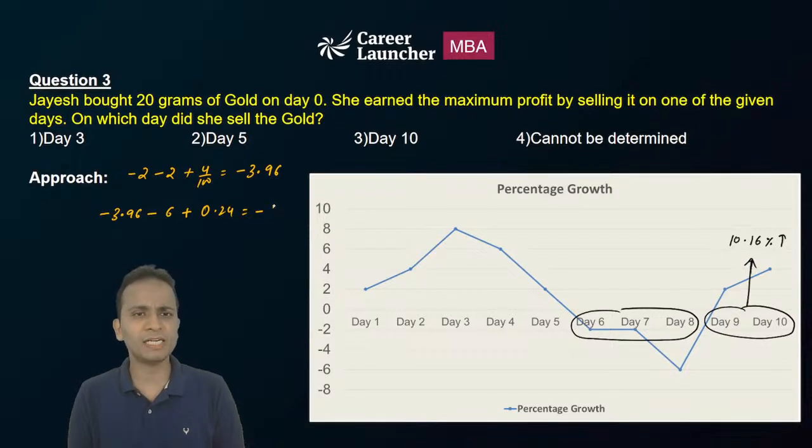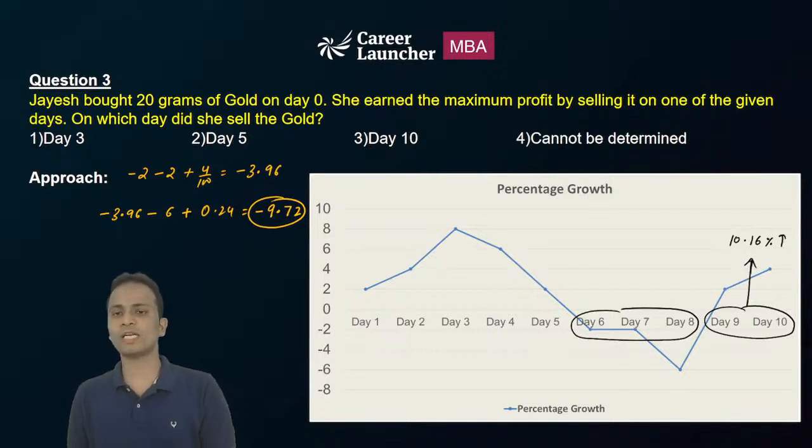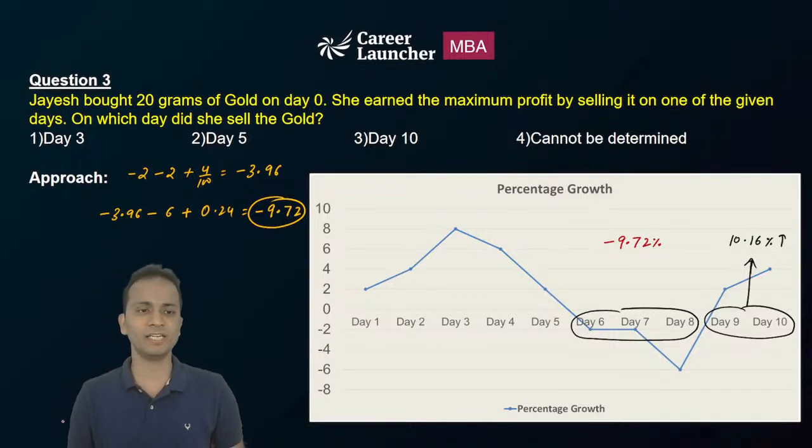So approximately it will be minus 9.72. Okay. I'm doing a little bit of approximation. So minus 9.7. Right? Okay. So this is what I have like effectively on these 3 days, day 6, day 7 and day 8, minus 9.72 percentage, okay, or effectively a decrease.